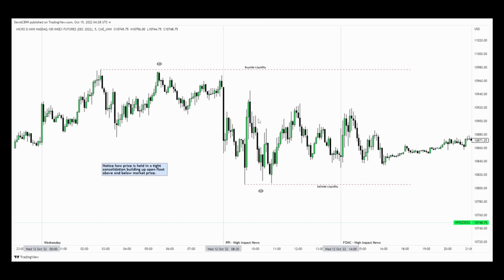But we can see here that price is doing literally nothing and creating open float above and below current market price. So therefore, on the next day with the CPI news release, I'm expecting a lot of volatility and a large range day.